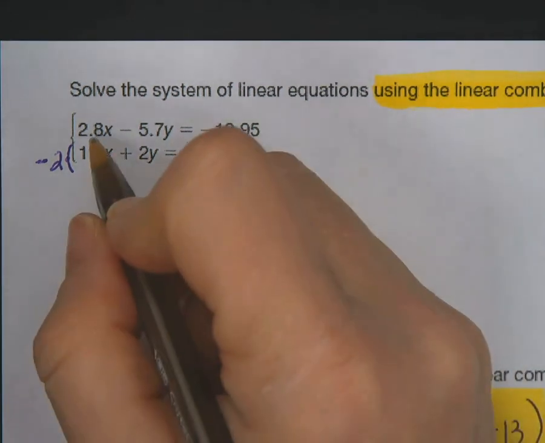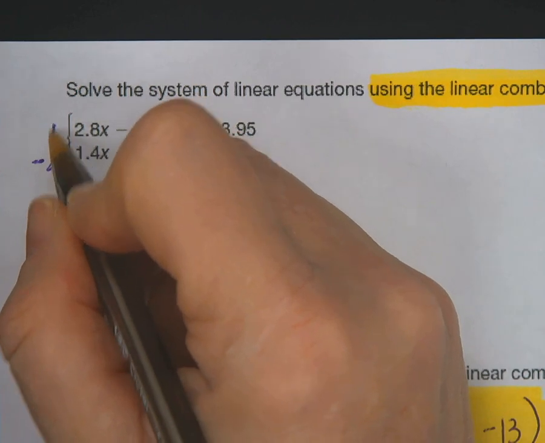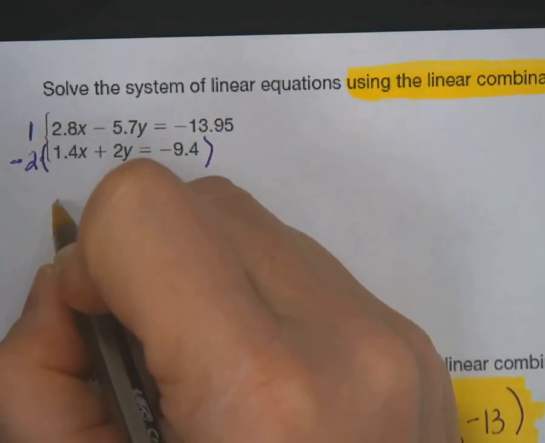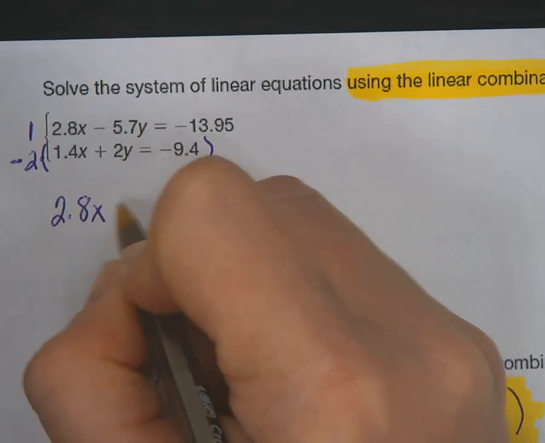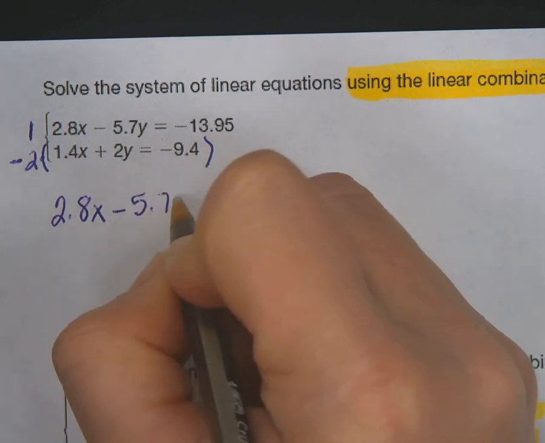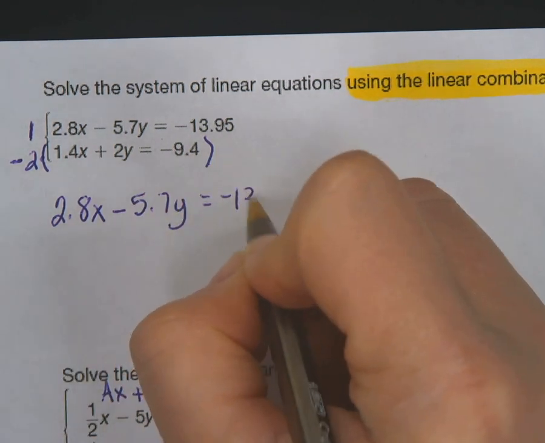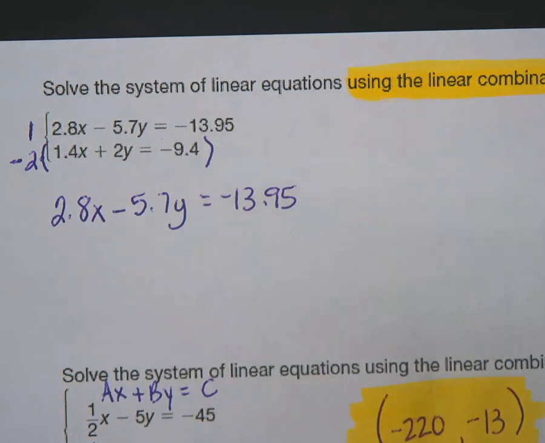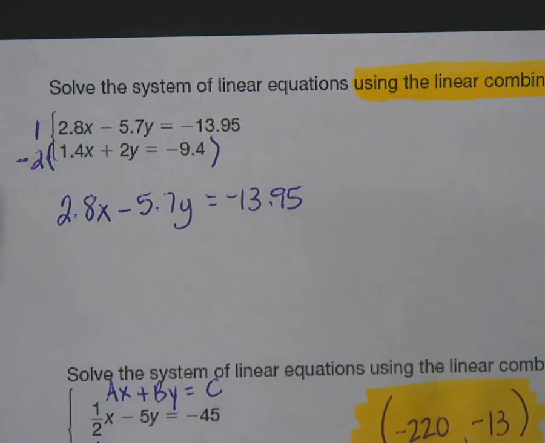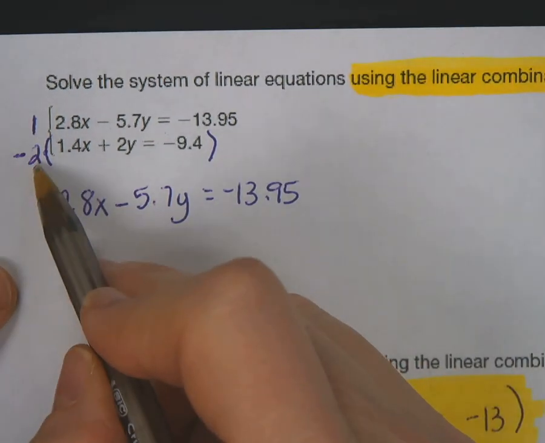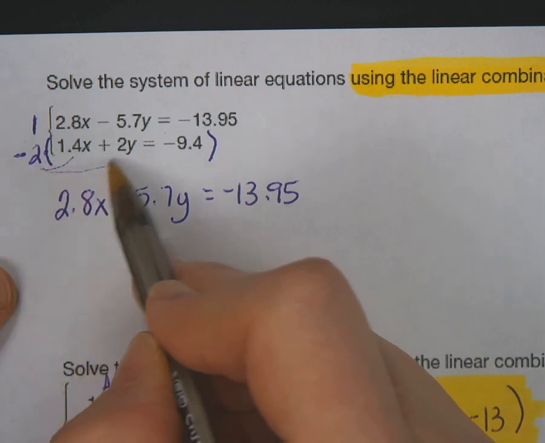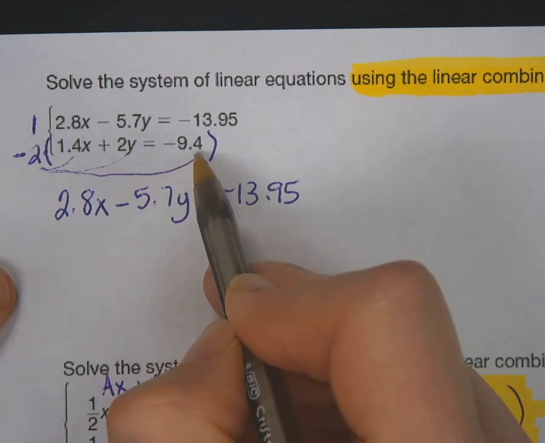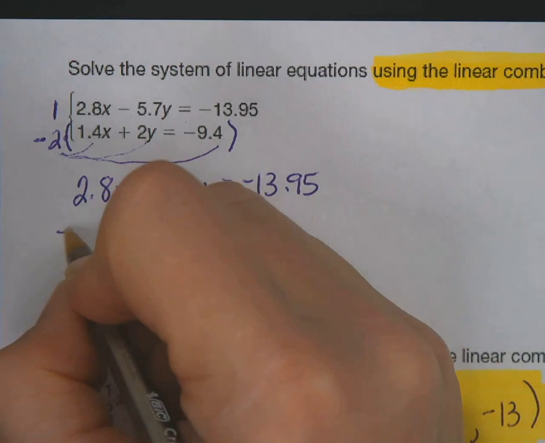Okay, so I'm going to rewrite this first equation. We're going to multiply by 1, which means we're going to keep it exactly the same. So I'm going to rewrite that equation exactly the same right here, just so that we can keep everything lined up. But now I'm going to go through and multiply this bottom equation. Every single part of it has to be multiplied by negative 2.